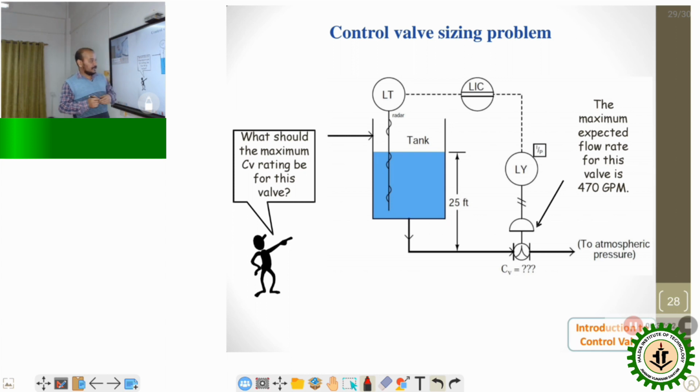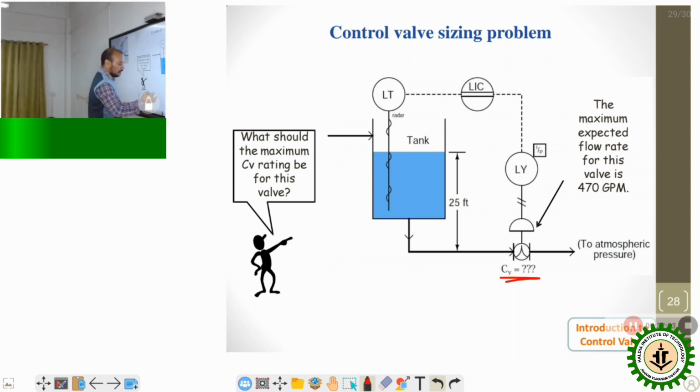So it is a very basic equation we have, and here is the problem which we try to understand. If we have a tank and some liquid is flowing through the pipeline, we try to understand what is the value of the CV for this control valve. You are asked what should be the maximum CV rating for this valve, and it is written that the maximum expected flow rate for this valve is 450 gallons per minute.